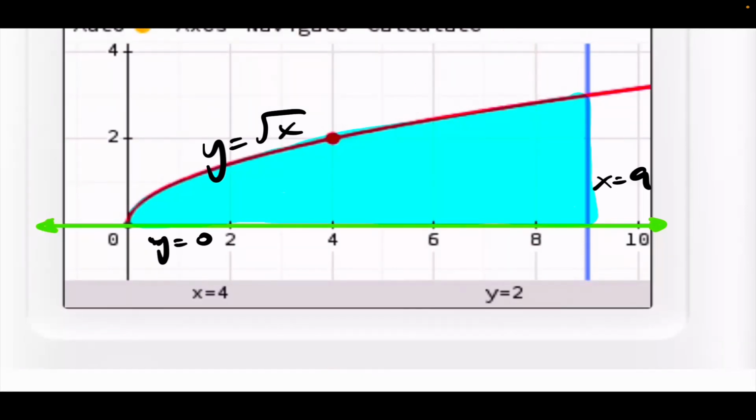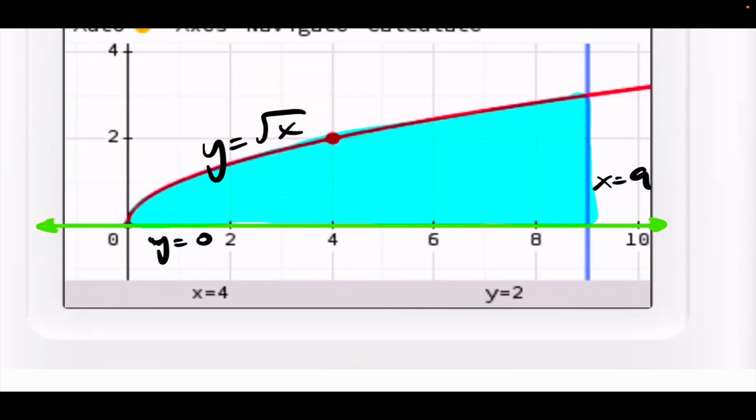So what did I use to find the y value? The equation, right?